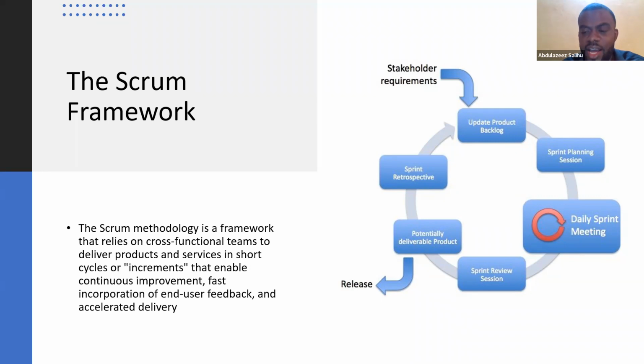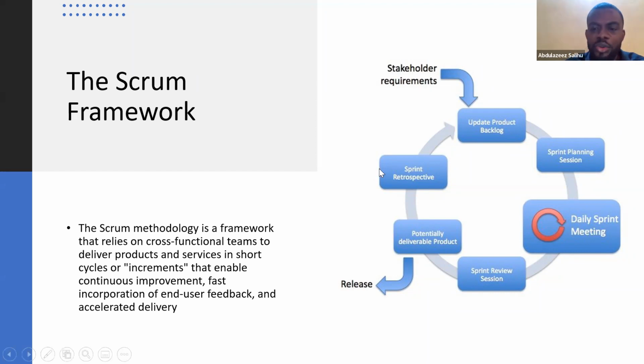At the end of your sprint, you have your sprint review session, where you showcase a possible potential shippable product. Then you don't just move to the next sprint.